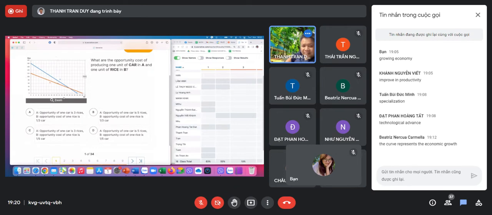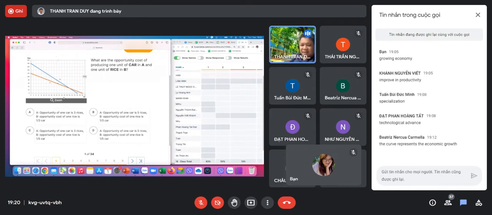All right? And the opportunity cost to produce a rice in B is one third of a car.